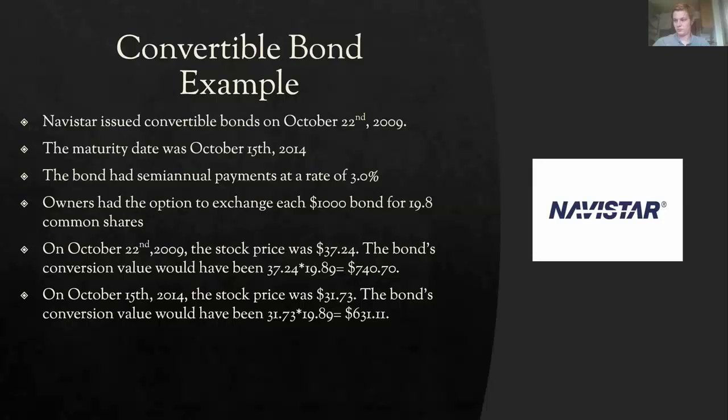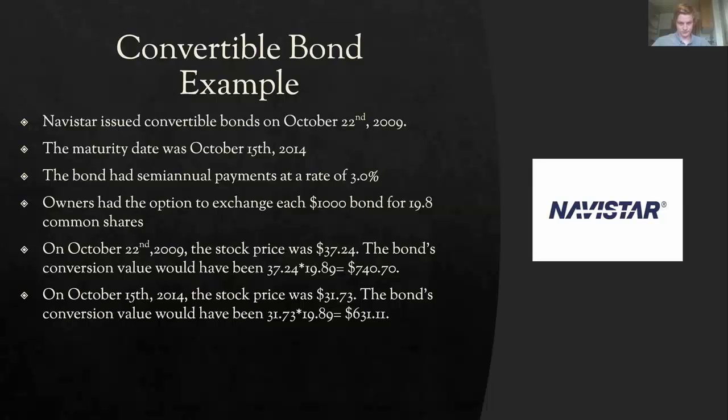So they pay 2 payments each year for 3% of the bond's value. And then the owner had the option to exchange each $1,000 bond for 19.89 common shares.